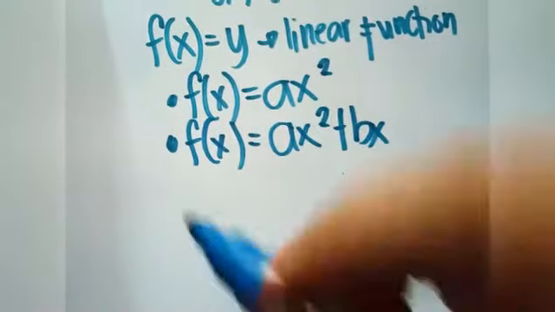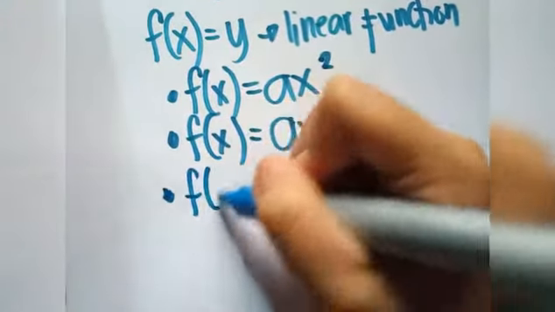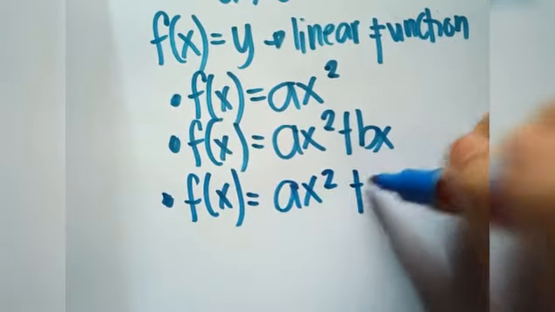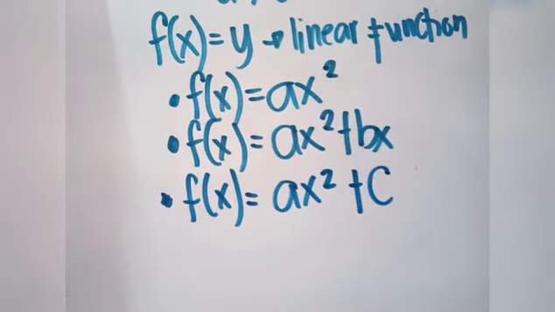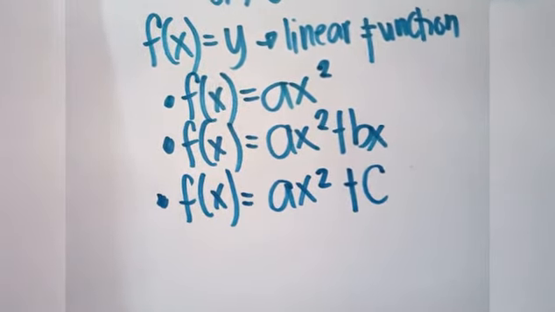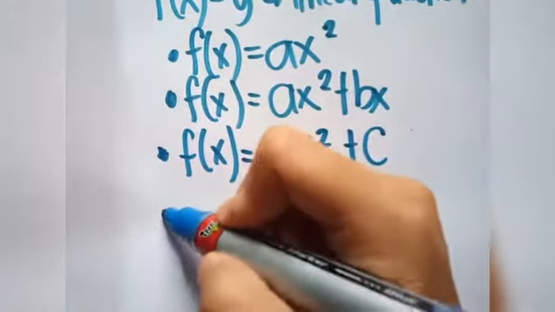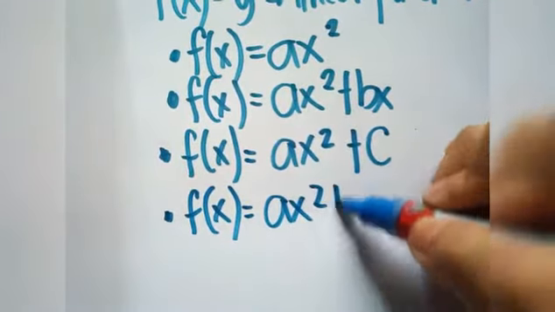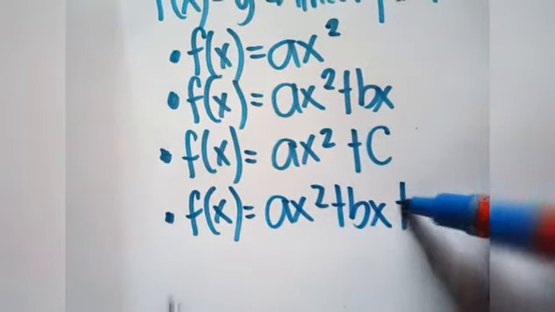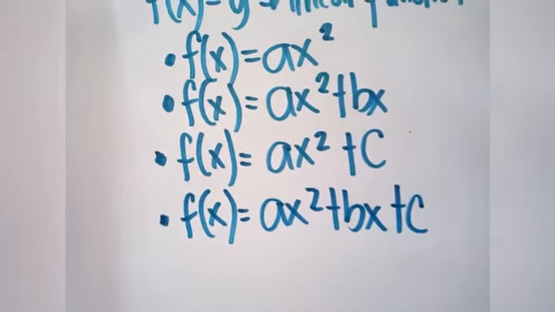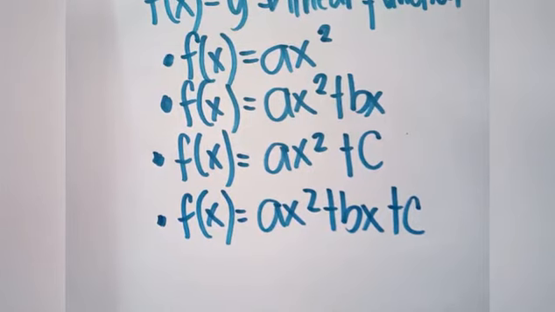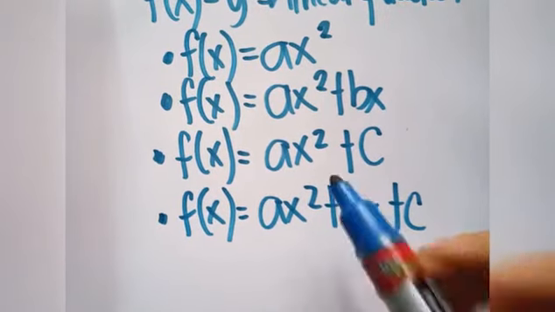Then next we have f of x is equal to ax squared plus c, where b is equal to 0. Then the last one, we have f of x is equal to ax squared plus bx plus c is a complete quadratic function where a, b, and c are not 0. This is the standard form of quadratic function.